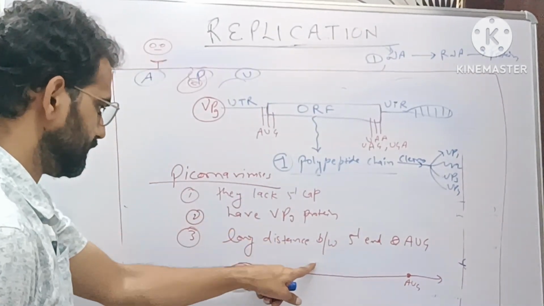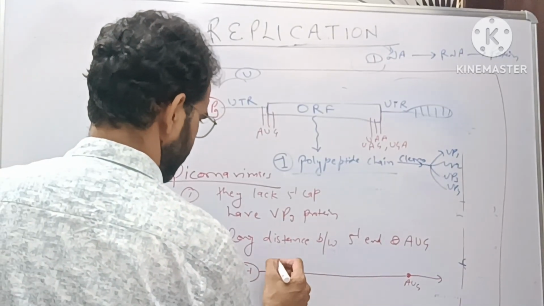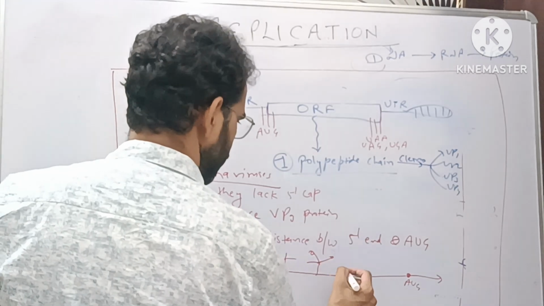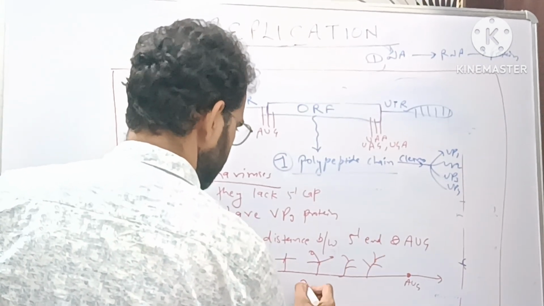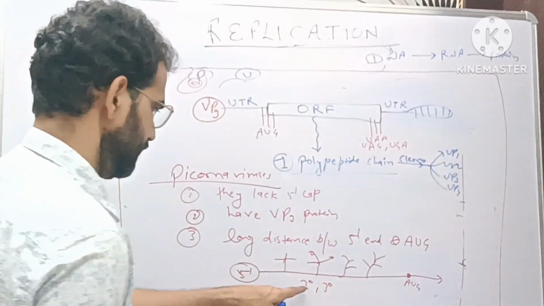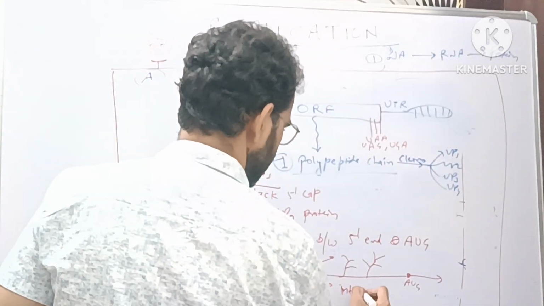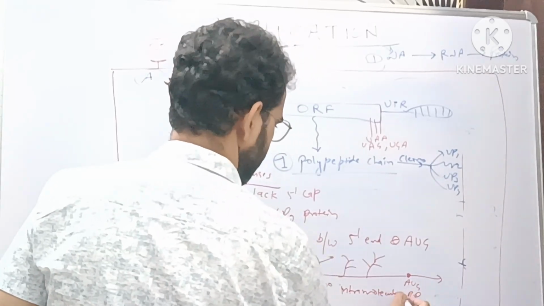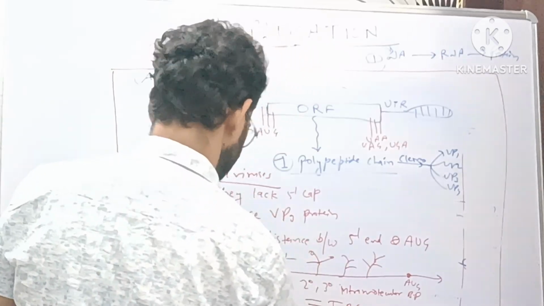In between, this portion of the messenger RNA has multiple secondary or tertiary foldings due to intramolecular base pairing, and these foldings are known as IRES.